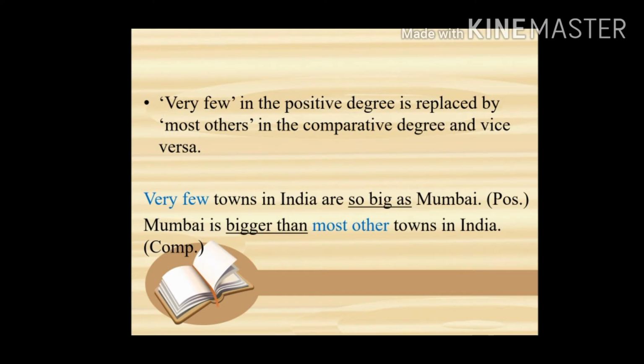Mumbai is bigger than most other towns in India. Very few is replaced by most other. Very few towns in India are so big as Mumbai is changed into Mumbai is bigger than most other towns in India.